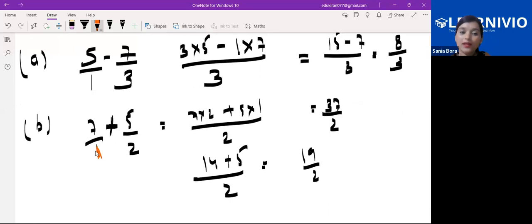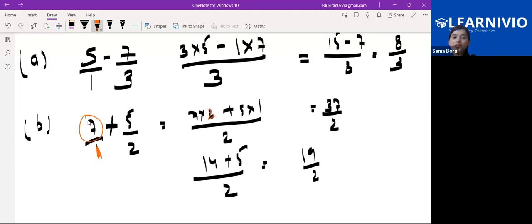In one table, 2 comes at what time? 1. 1 should be multiplied by which number that it will give you 2? 1 should be multiplied by 2 to give 2. That's why you will write 2.